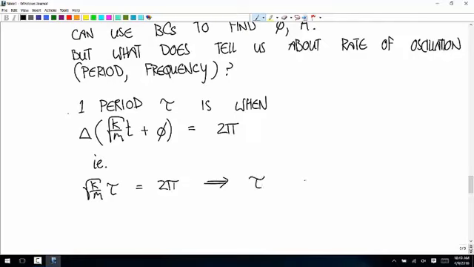So the period of the oscillation is 2 pi times square root of m over k. Okay, that's the period.